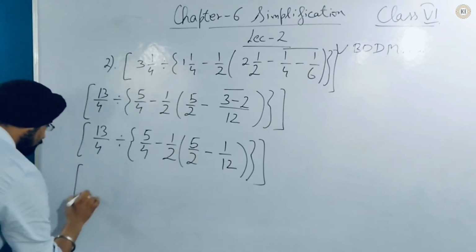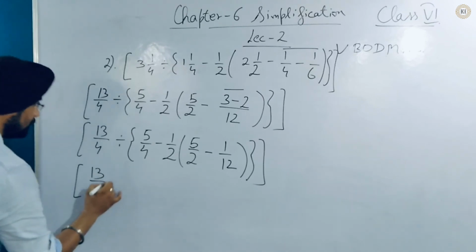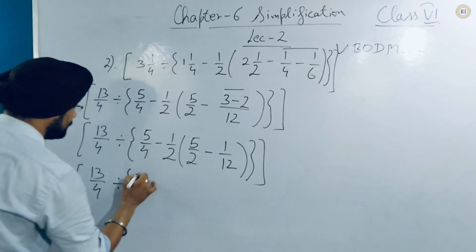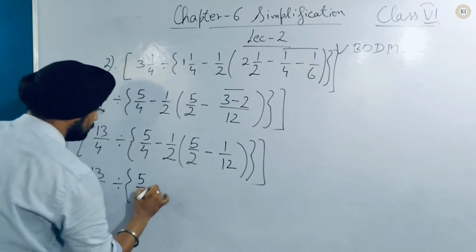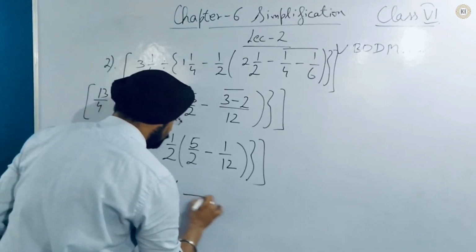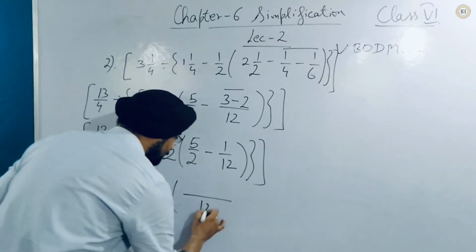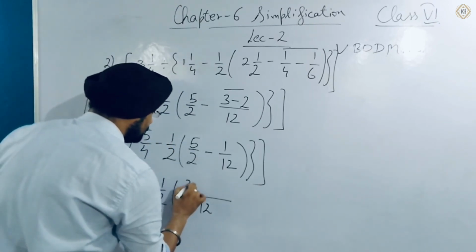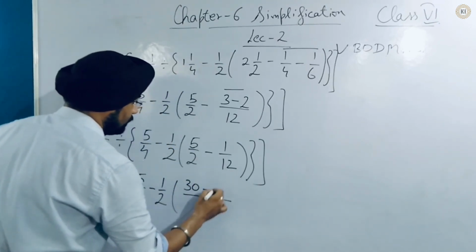So the rest of the values no need to disturb. 13 by 4 divide 5 by 4 minus 1 by 2. So 2 and 12, LCM will be 12 here. 2 6s are 6, 5 6s are 30 minus 12, 12 1s are 12.